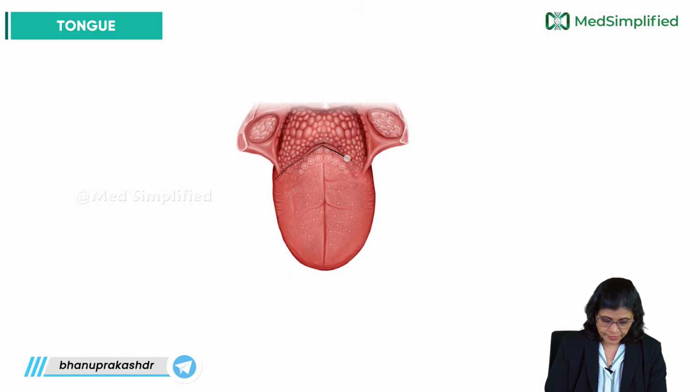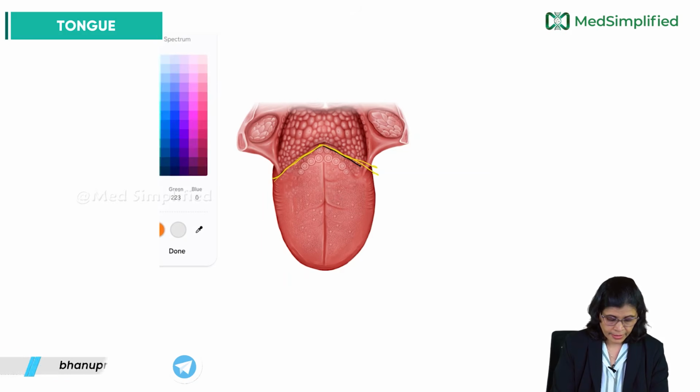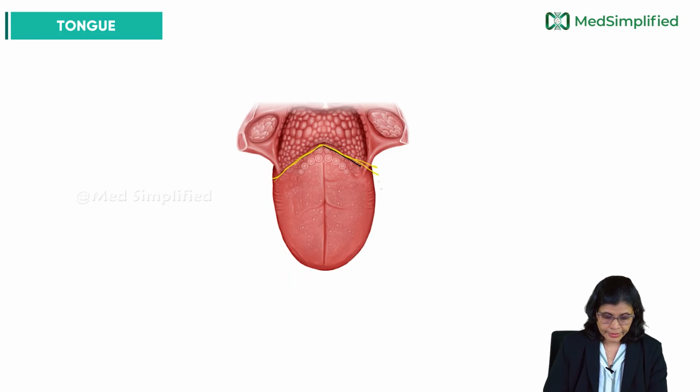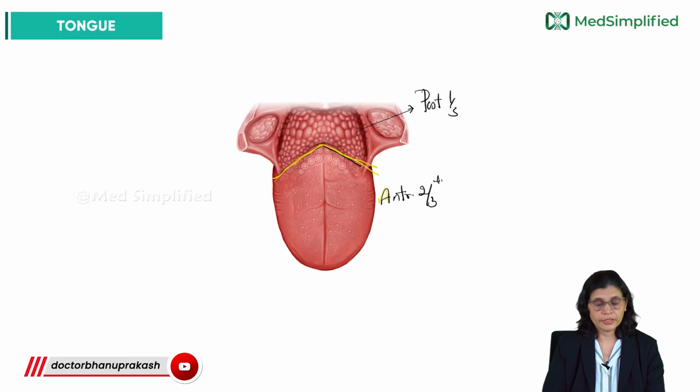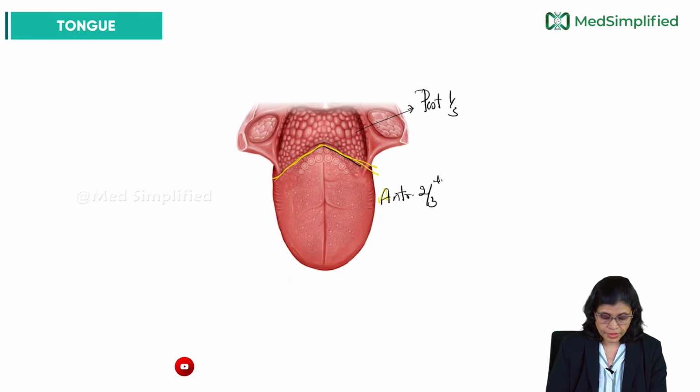If you see, this is the V-shaped sulcus, which will divide it into two parts, the anterior 2/3 and posterior 1/3. This anterior 2/3 forms the oral part of the tongue, so it is present in the oral cavity, whereas the posterior 1/3 will be the pharyngeal part of the tongue.